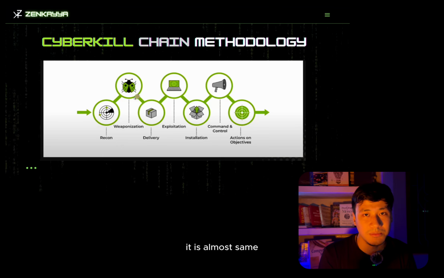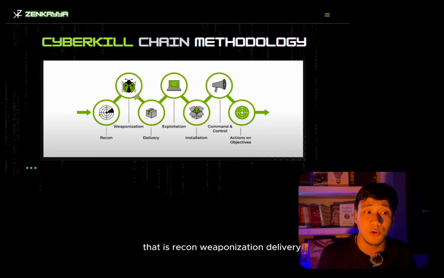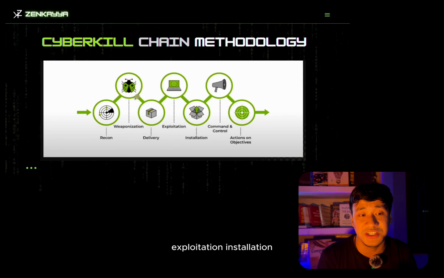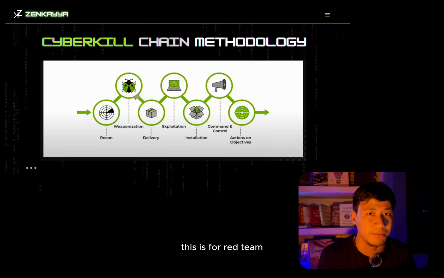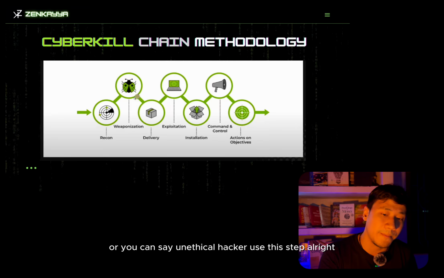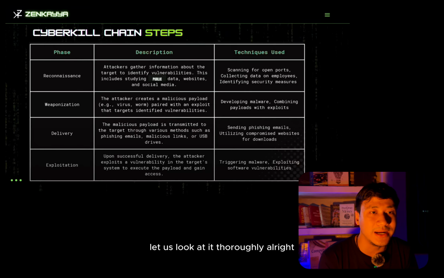It is almost the same, just 2 more extra steps. They are recon, weaponization, delivery, exploitation, installation, command and control, and actions on objectives. This is for the red team, or you can say unethical hackers use these steps. What are the 7 steps? Let us look at them thoroughly.